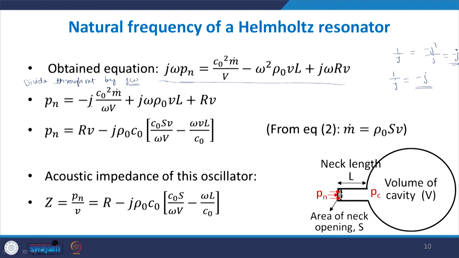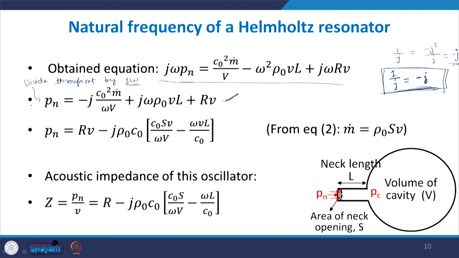So, we get minus of j C naught square m dot by omega V, and then again divided by j omega, what we get is plus of j omega rho naught Vl. This is the property of the imaginary unit quantity, and then this divided by j omega becomes Rv. So, we divide throughout by j omega, and this is the equation we get.